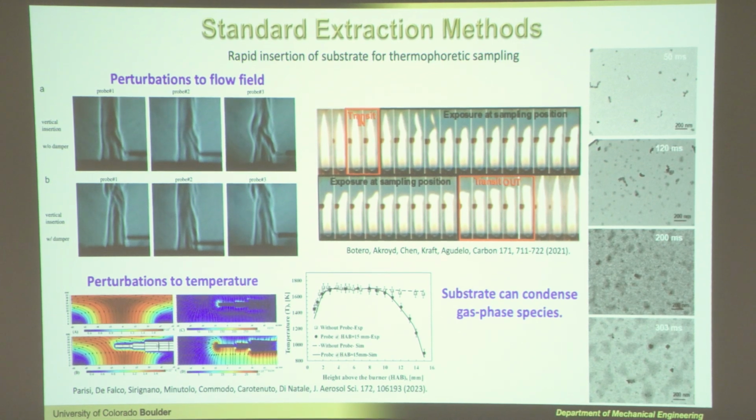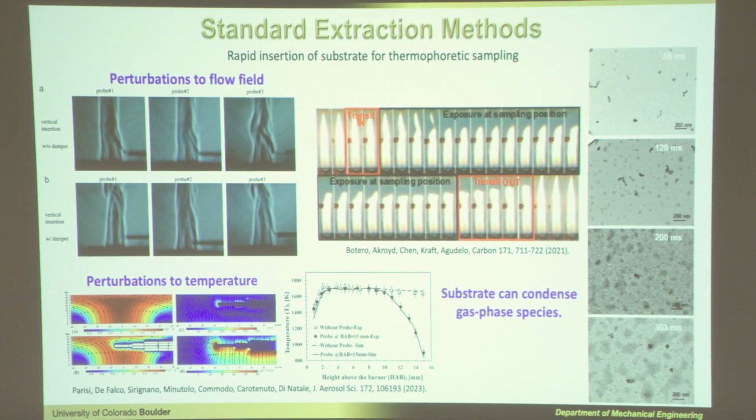This is how we've been sampling for decades, right? So if it has some problems, is it affecting how we view the field, what we know about soot formation? That's just a question; I don't know the answer to it. But it's something we should be thinking about as a community. Are there different ways we can do this?